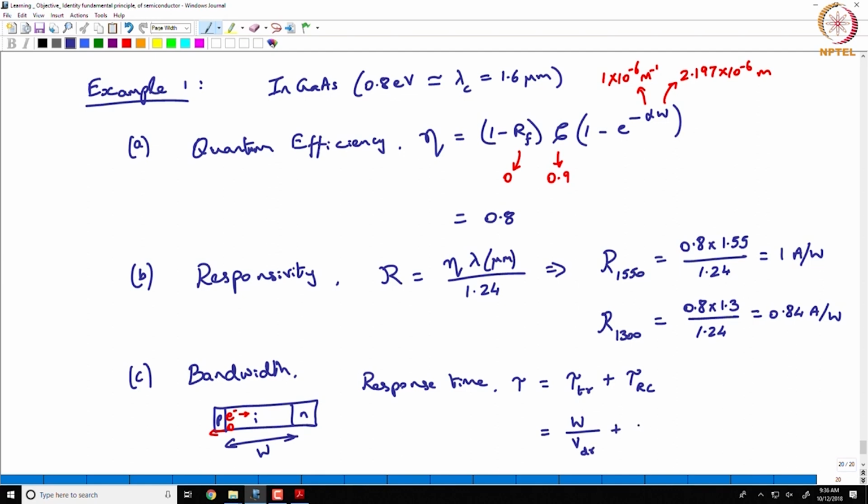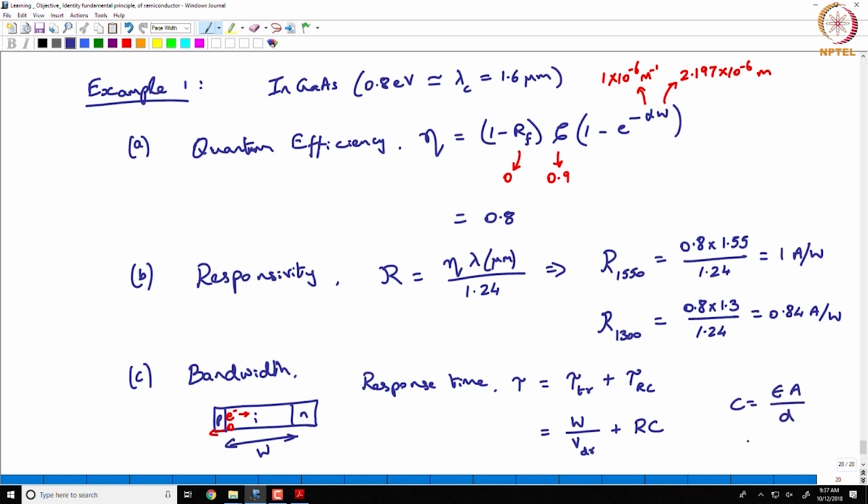And the other case is tau RC, which depends on the series resistance of the junction multiplied by the capacitance. The series resistance works out to be on the order of a few ohms, and then the capacitance is given by epsilon A over d, right.